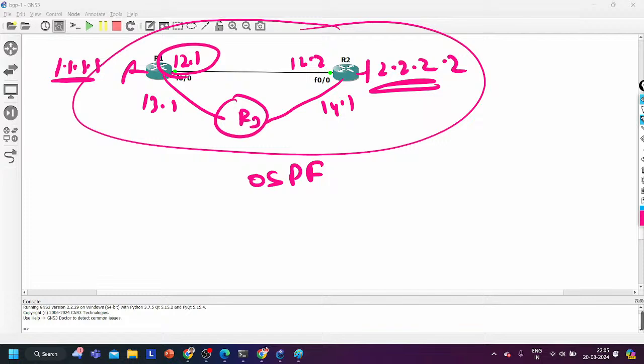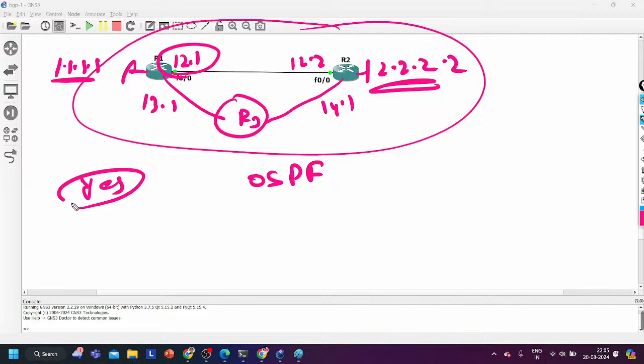Now tell me, according to OSPF, which path is the best path between router 1 and router 2? Can 1.1.1.1 ping 2.2.2.2 after enabling OSPF on all routers? Yes or no? Tell me guys fast, because we have very little time and I need to finish it.